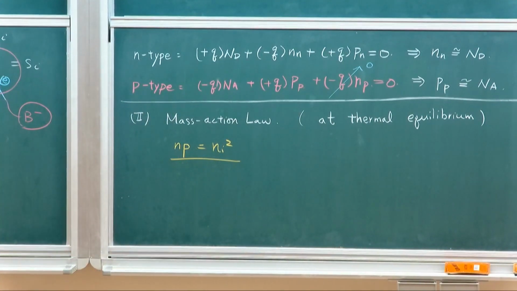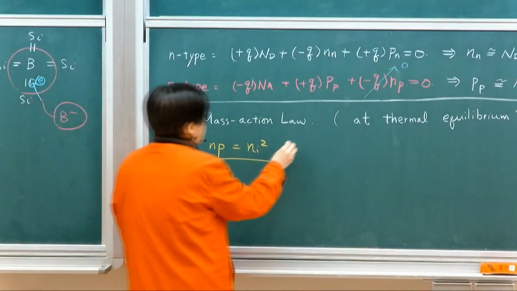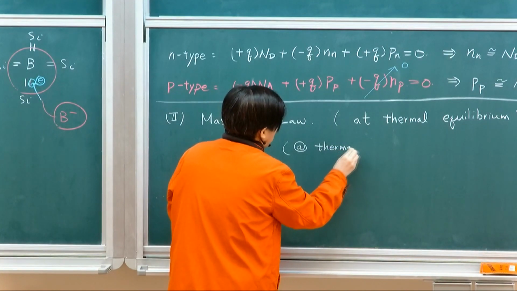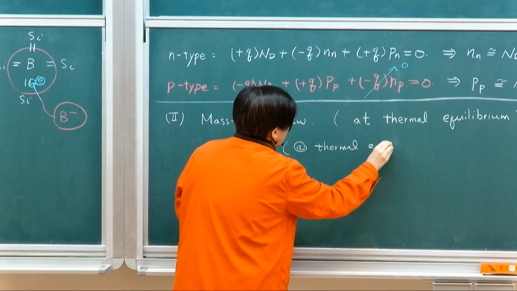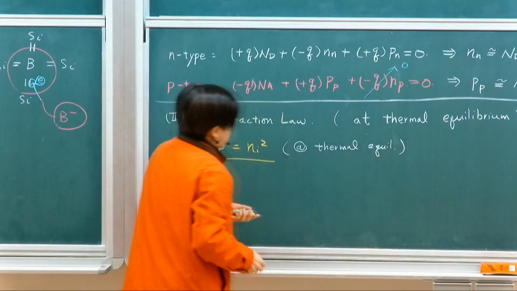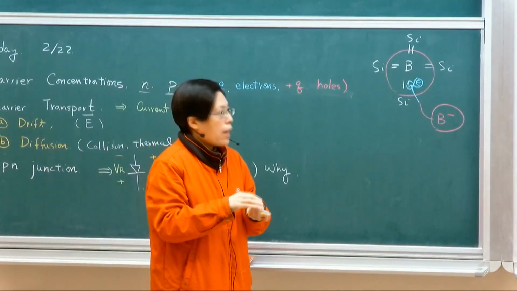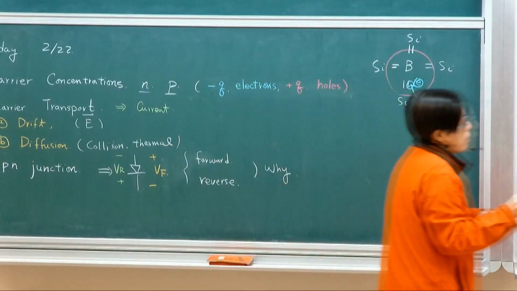I want to say once again, this is true only at thermal equilibrium. So why is that? We start by talking about the amount of electrons and holes in an intrinsic environment. If I have an intrinsic semiconductor, some of the electrons then stand up.